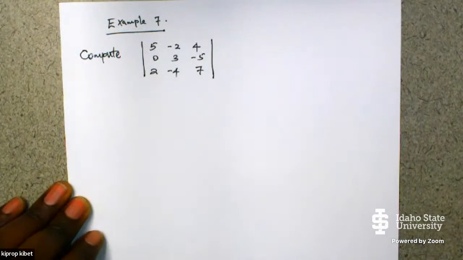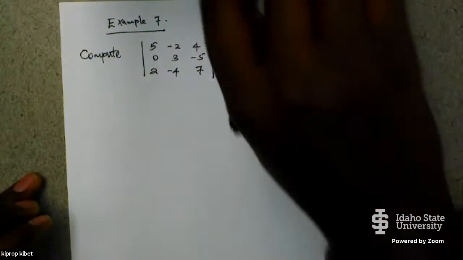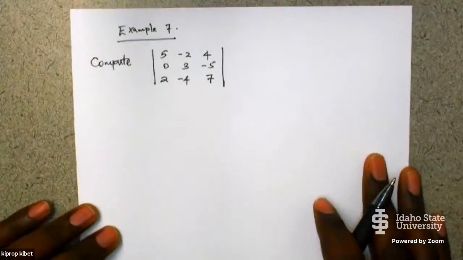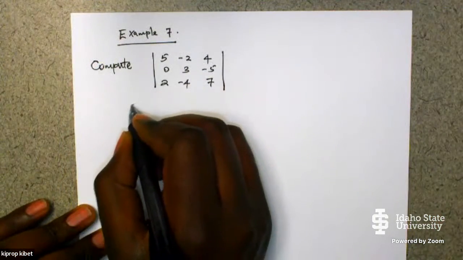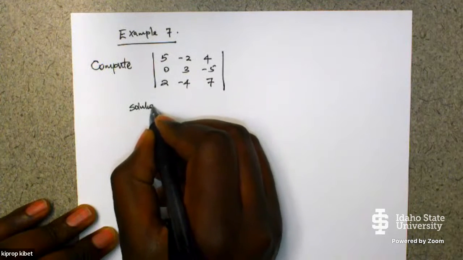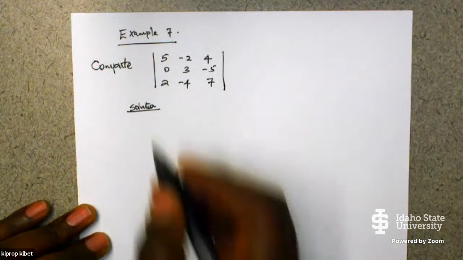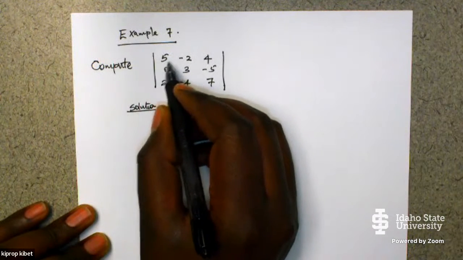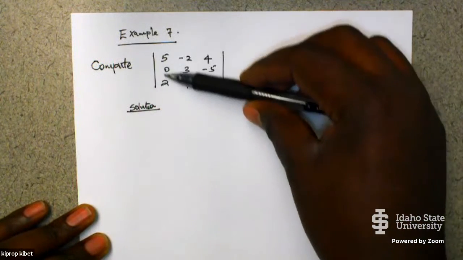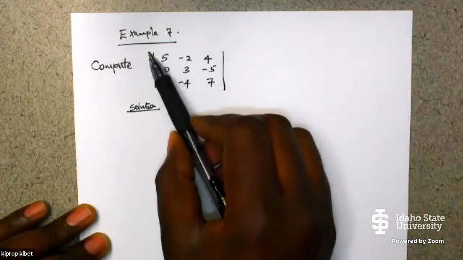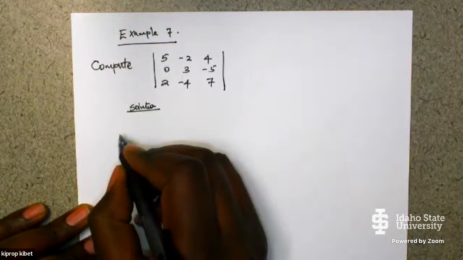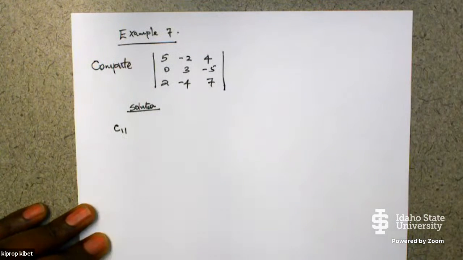So when we use the cofactors method, the solution. In this case, the cofactor that we get when we delete the first row and the first column is C11.